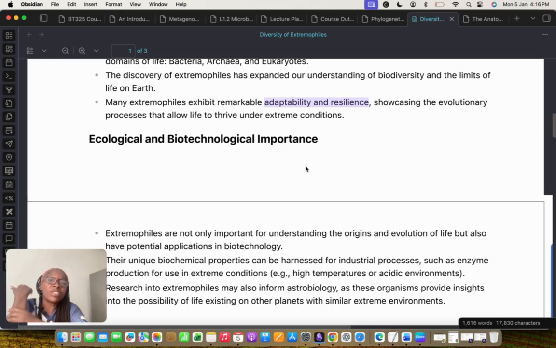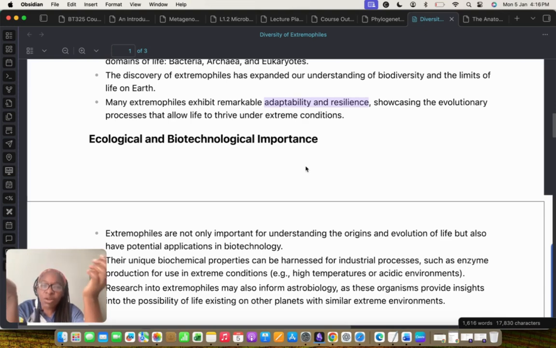So whether it's genes, whether it's proteins you're looking at, or just new ways of doing something. So new ways of actually building in synthetic biology, where you're building proteins from scratch and synthesizing them. Instead of trial and error, you can look at an extremophile and see, well, this protein, or the hemoglobin, is able to withstand this temperature because it has a certain loop or alpha helix, or it just uses beta pleated sheets, all that kind of thing.